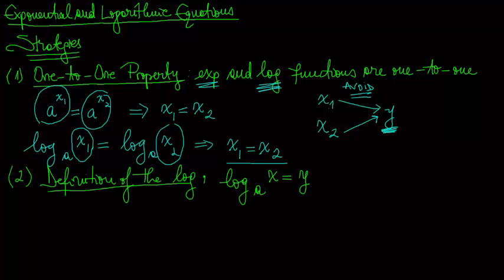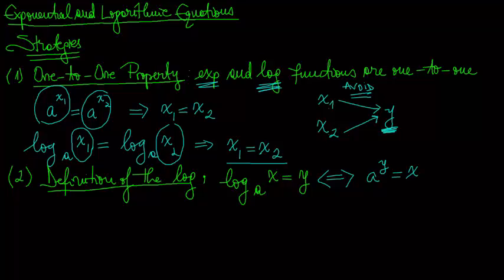Our second strategy relies on the definition of the log. If we have that log base a of x equals y, then by definition we can rewrite this in exponential form and have that the base a always stays as the base, now raised to the output y equals the input x.